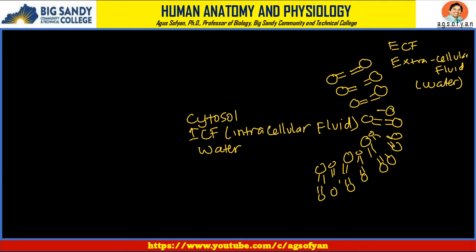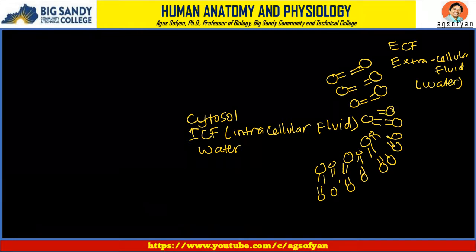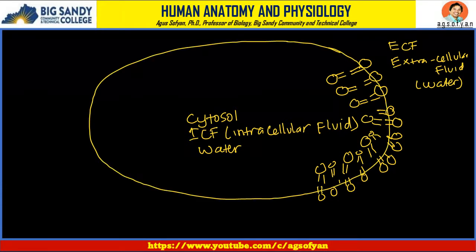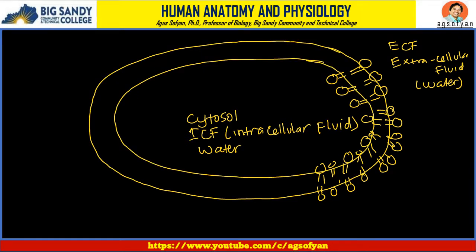Then when they combine, what happened? We have two layers of phospholipids that make the cell membrane. This is the reason why the cell membrane is also known as the phospholipid bilayer.